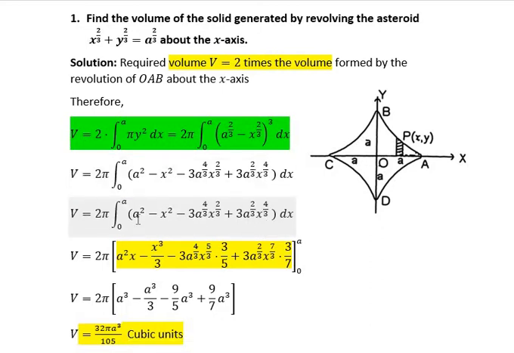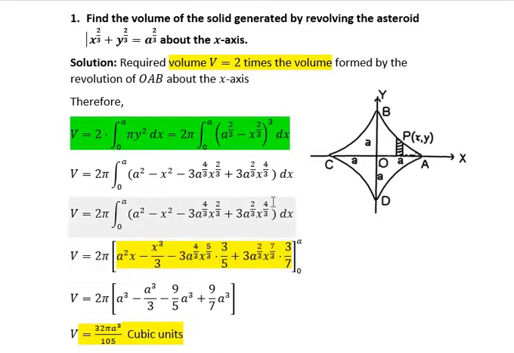Integral of a square with respect to x is a square x, minus x square's integral is minus x cube by 3, minus 3a to the power of 4 by 3 times the integral of x to the power of 2 by 3. 3a to the power of 4 by 3 we write as it is; x to the power of 2 by 3 integral is x to the power of 2 by 3 plus 1 divided by 2 by 3 plus 1, that is x to the power of 5 by 3 into 3 by 5.